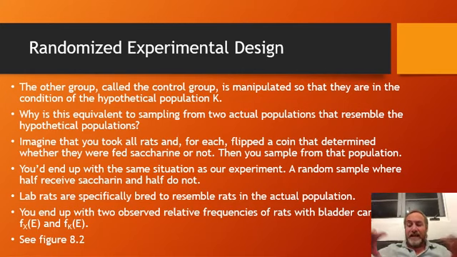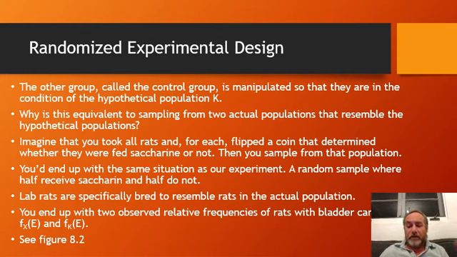So the question is, why is that equivalent? Maybe it's obvious, and I partly worry that their explanation here is more complicated than it needs to be. But say you take all the rats, and for each one you flip a coin to determine whether it gets saccharin or not. So 50% of the rats are getting saccharin.